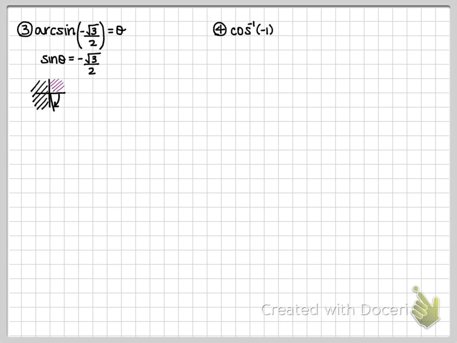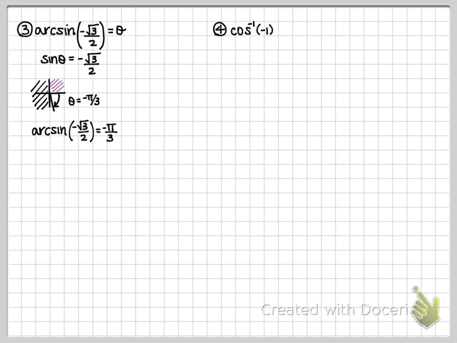So if it was in the first quadrant, I think it's a π/3. But in this case, I think it's a -π/3 because it's down. All right, so my answer to the question, arc sine of -√3/2, the radian that I found that worked for this is -π/3. All right, number 4.